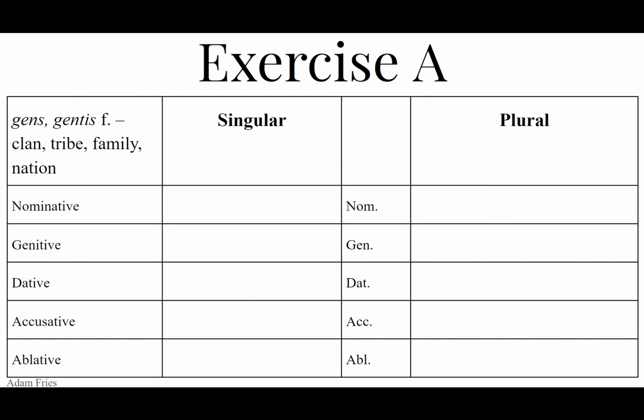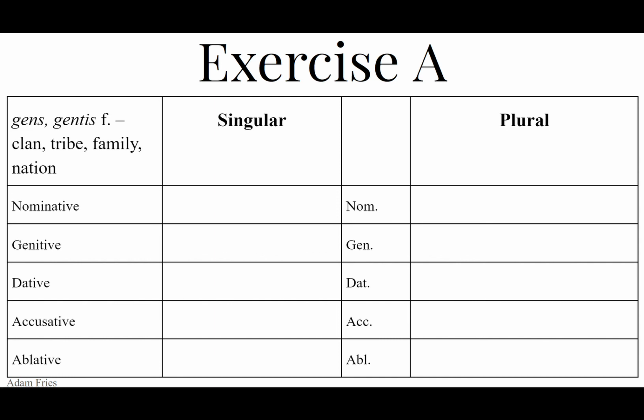You could also look at rule number 2, where the nominative is monosyllabic, which means that the nominative has a single syllable, gens, only one syllable. And the other part of that rule is that the stem ends in two consonants. So when you chop off the IS, the stem, gent, ends in two consonants, N and T. It follows both rules.